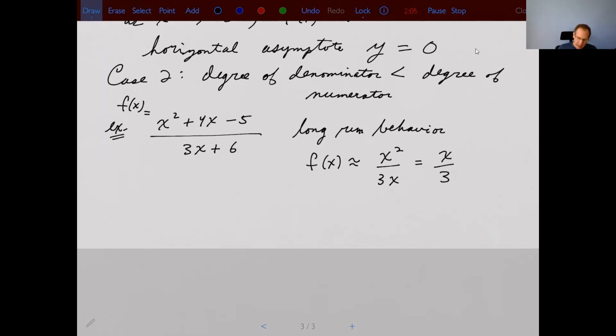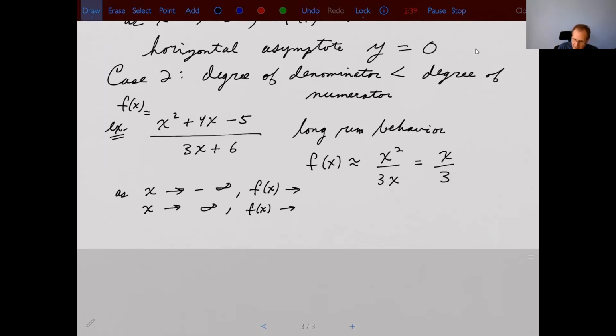Well, what happens now as x goes to negative infinity or x goes to positive infinity? This function, think of it as almost like an identity function multiplied by 1/3. It's like a line.